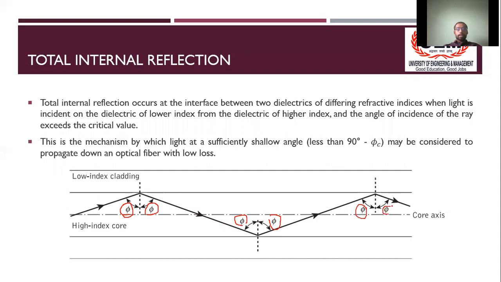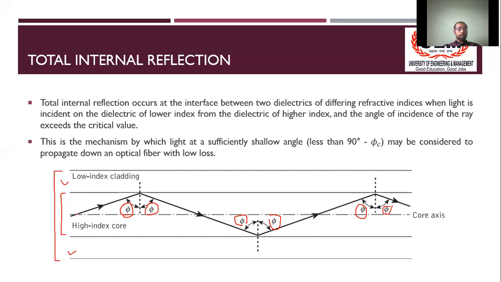And what we see here is incident light which is incident on the high index core. Now this is a fiber optic waveguide, where this portion is your core, which is surrounded by a cladding region. Now the cladding region has a low refractive index.